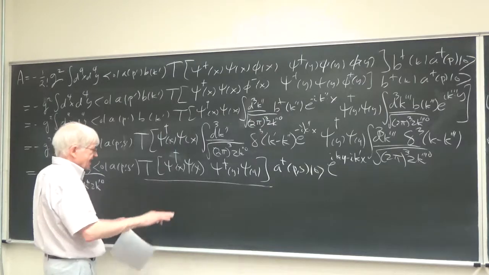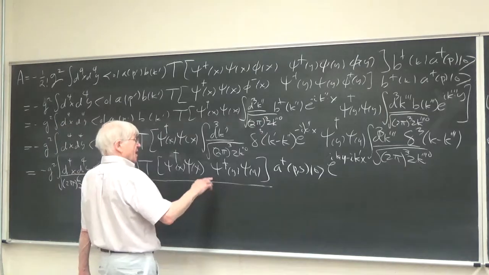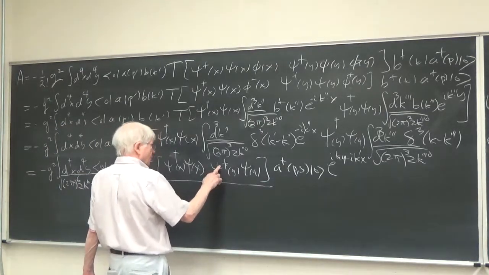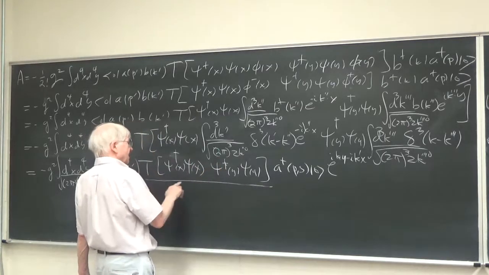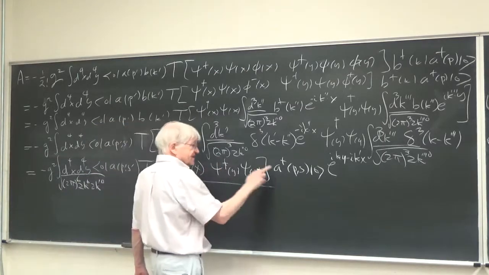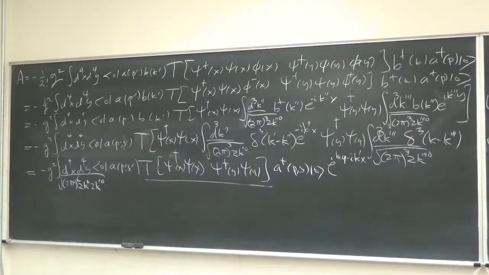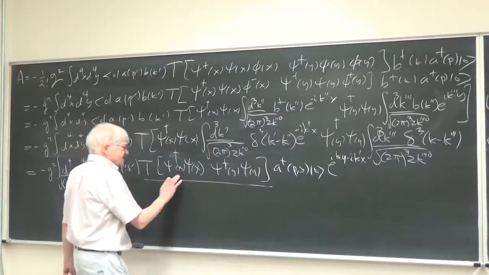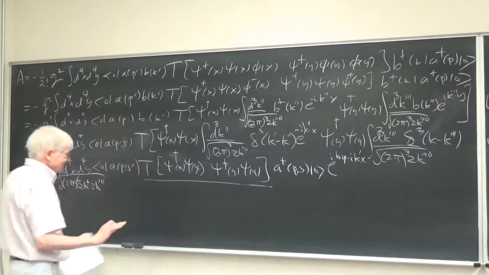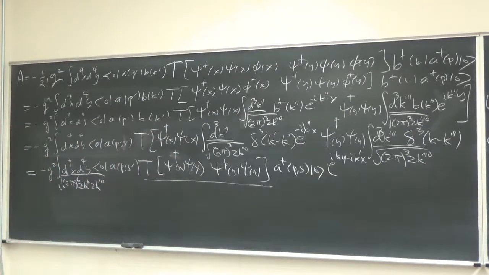But then we also have to consider the other case where this field creates the outgoing fermion, and this one annihilates the incoming fermion, and we have to keep in mind that these are time-ordered products. And at this point, I wish that this had been a scalar field, so I didn't have to deal with these minus signs.